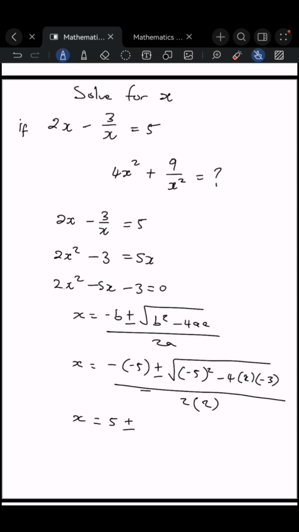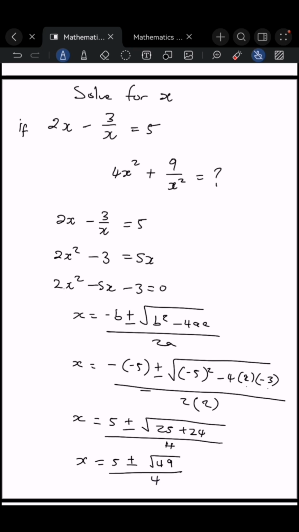25 minus 8 times 3 is 1. Square root of 25 plus 24 is positive 24, all divided by 4. x is equal to 5 plus or minus the square root of 49 over 4.